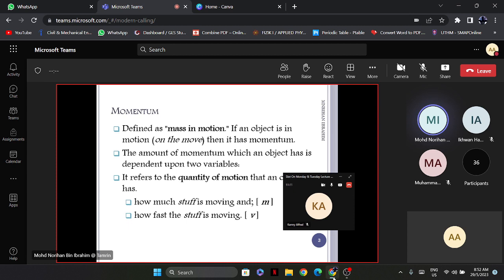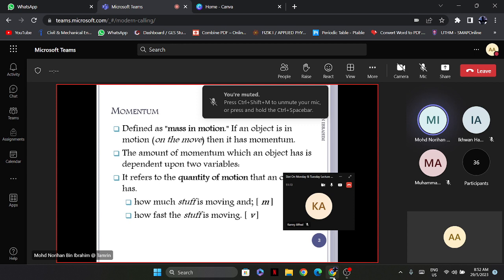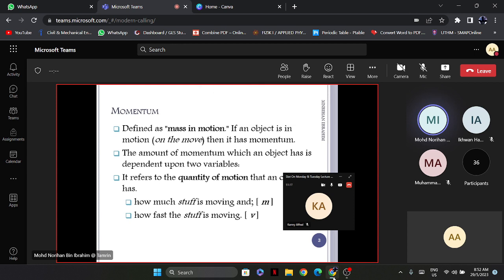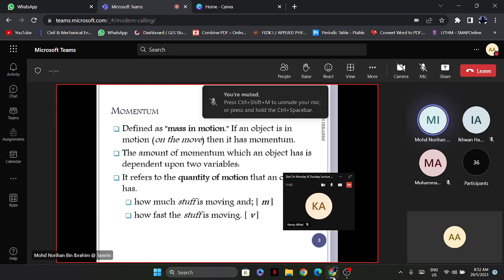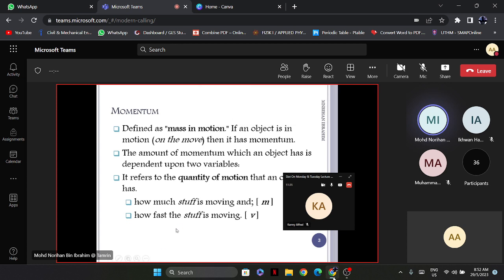If we have any motion that occurs on any physical body which is on the move, that kind of body has momentum. That is the simple thing that we can put in our mind. So the amount of momentum which an object has depends upon two variables.